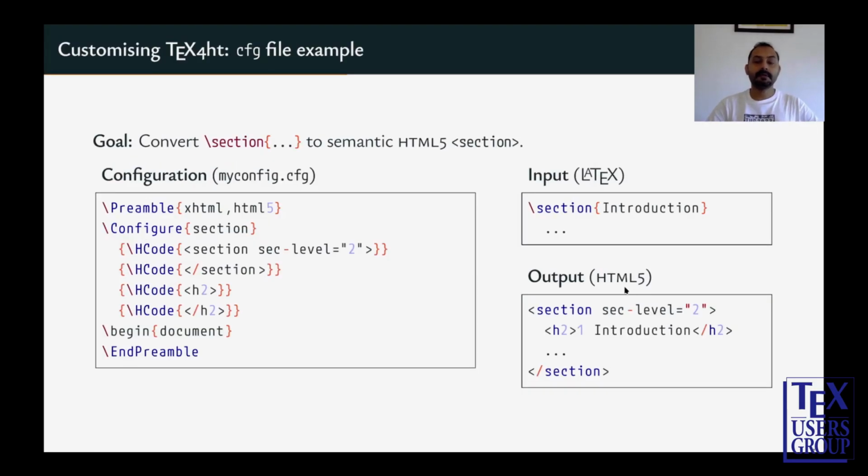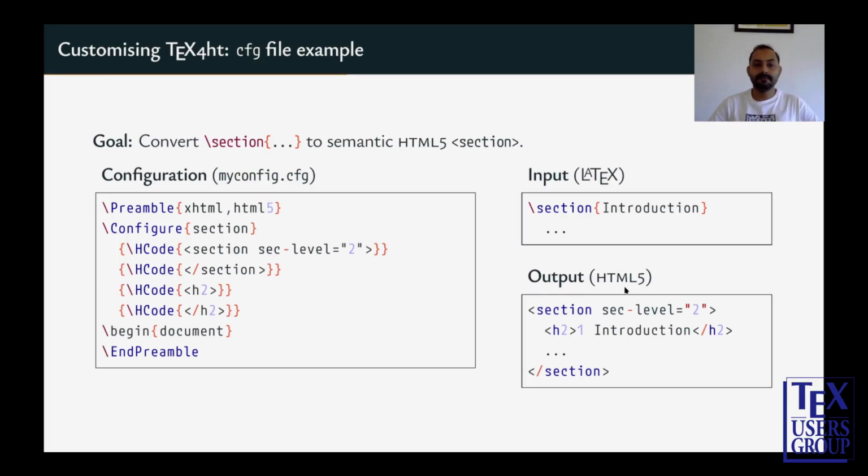TeX4ht can convert standard LaTeX commands to equivalent semantic HTML. Sometimes if you need to customize the output, the way to do it is to use the configure command. For example, let's convert the \section command in LaTeX to an equivalent semantic HTML section tag. Use the \Configure{section} command, which takes 4 arguments.